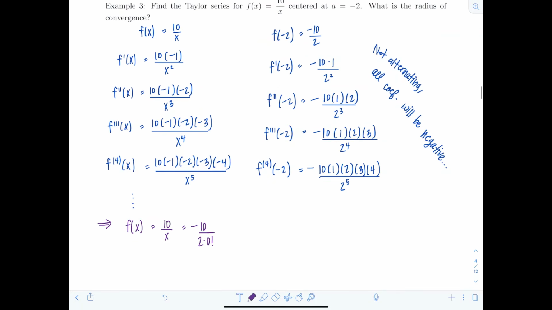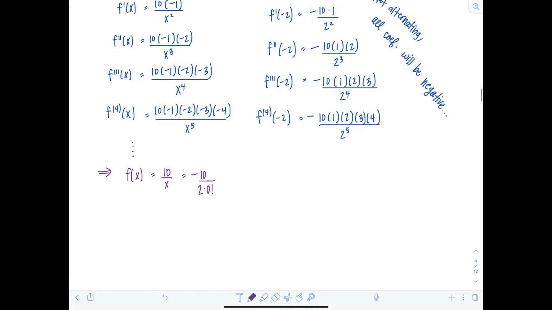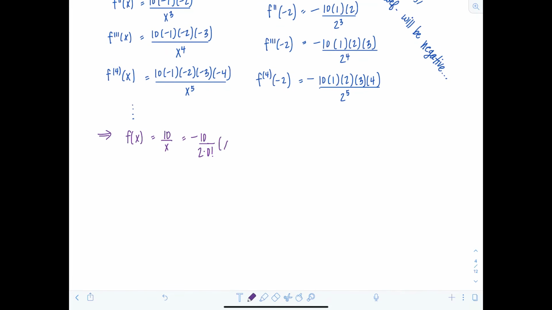So I took my original coefficient, just threw a 0 factorial in the denominator, and then I have x minus negative 2, so x plus 2 to the 0. Okay, next term, also negative 10 times 1 over 2 squared times 1 factorial times x plus 2 to the first.